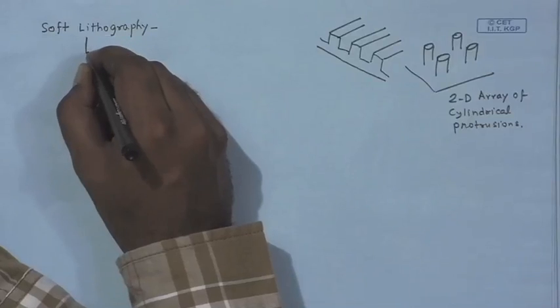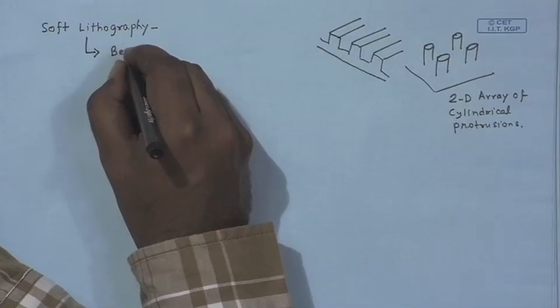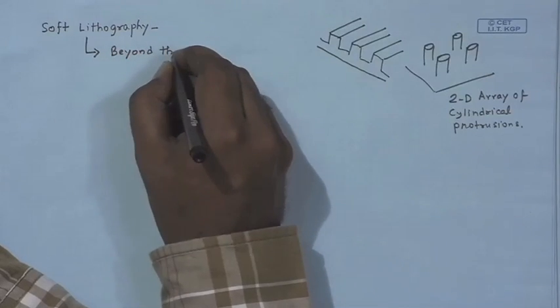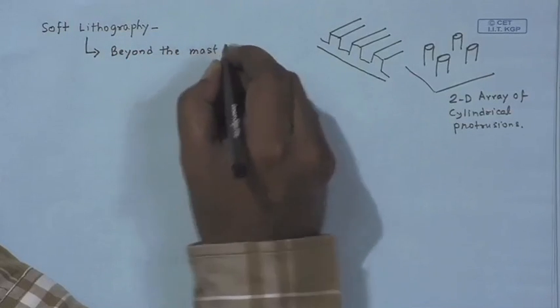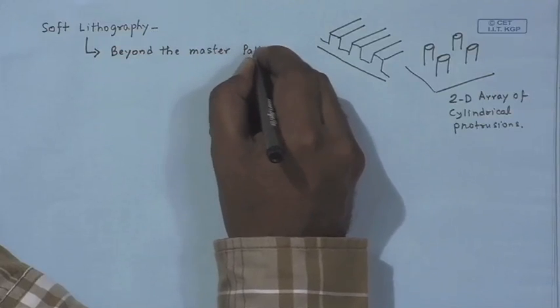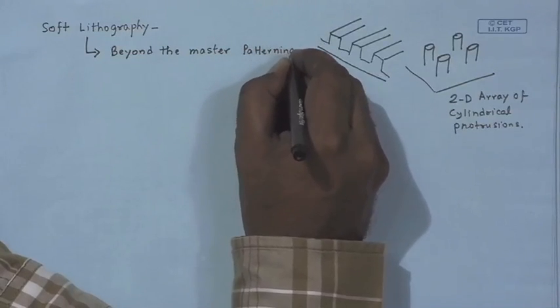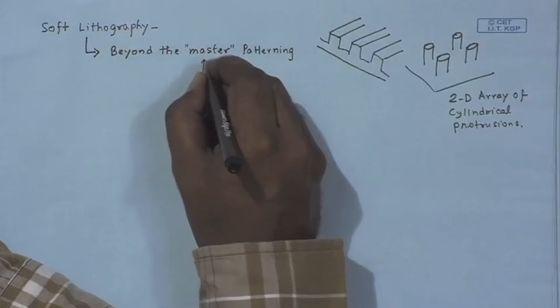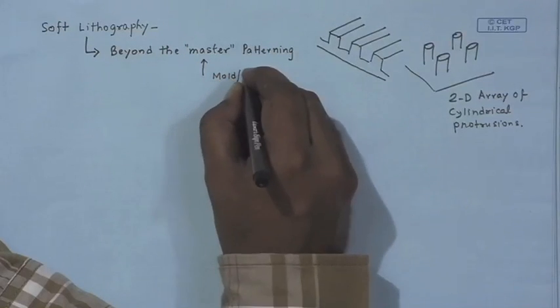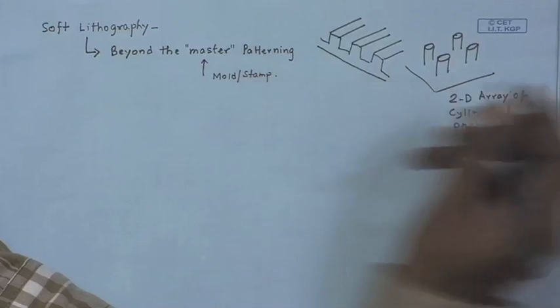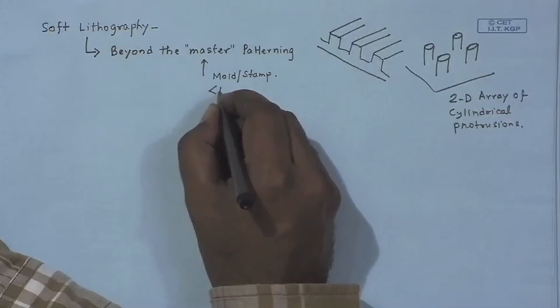Okay, so these are some of the limitations of soft lithography, and in the previous class we also discussed the concept, which is now becoming very popular, of beyond the master patterning. Master eventually here means the mold or the stamp available to you, which is lithographically fabricated.